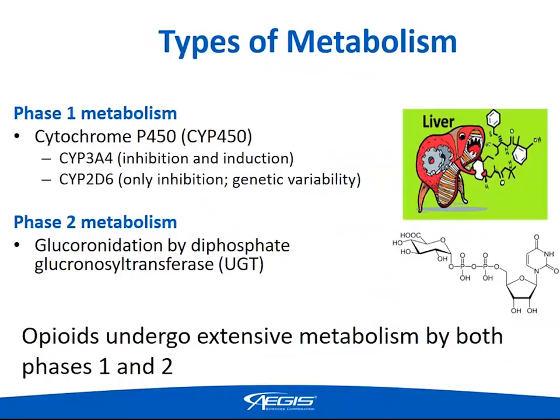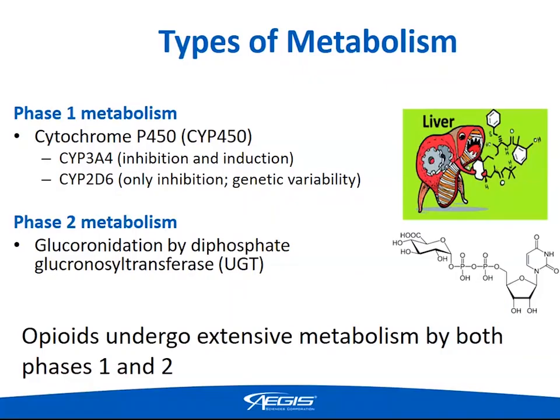During the natural pharmacokinetic patterns of drugs, which are absorbed, distributed, metabolized, and excreted, metabolism of drugs plays a major role in excretion as well as the clinical effect of medications that a patient is taking. Opioids specifically undergo extensive phase 1 and phase 2 metabolism.